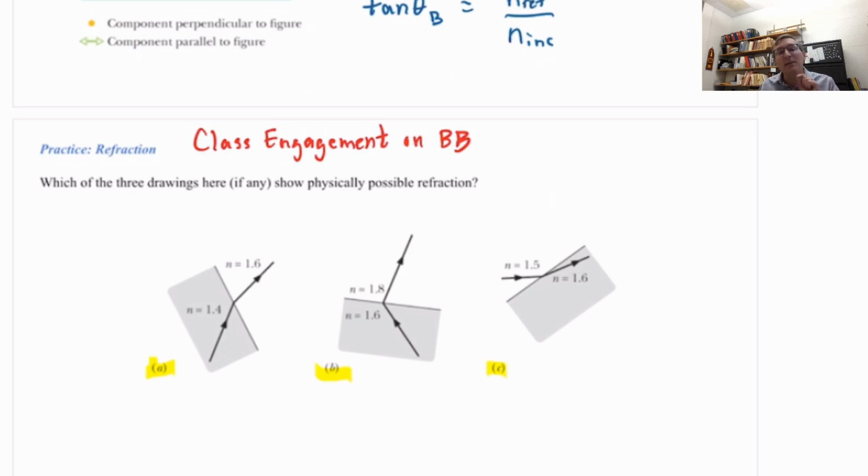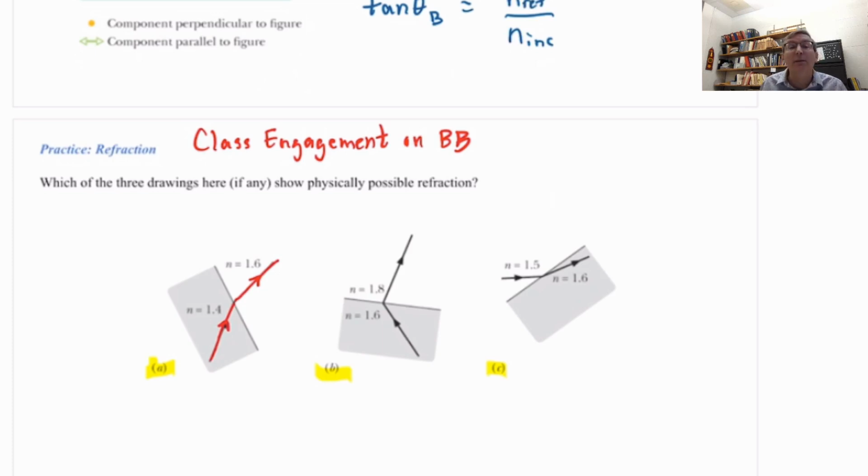And the pictures show the index of refraction for each of the materials. So for example, in case A, the incident ray is coming to the interface like so, with the incident index of refraction 1.4. Then we get some refraction into this material with an index of refraction 1.6. Be careful, the shaded side may not have the larger n, not necessarily.